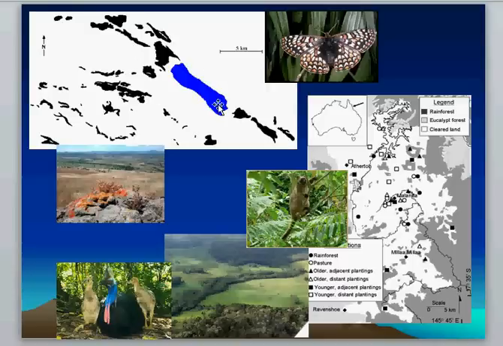Now these other patches may be subject to fire or disease or some sort of problem, and the whole population of these butterflies may become extinct at any one time. The population of the source habitat may even become extinct if some hurricane passes directly over the top or a fire passes directly over the top.